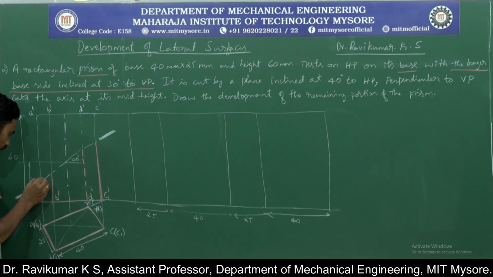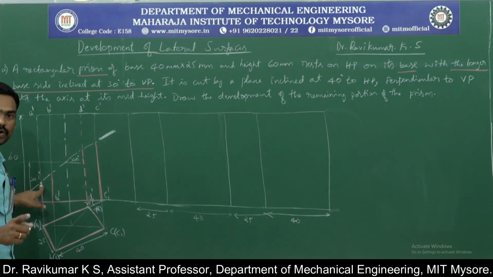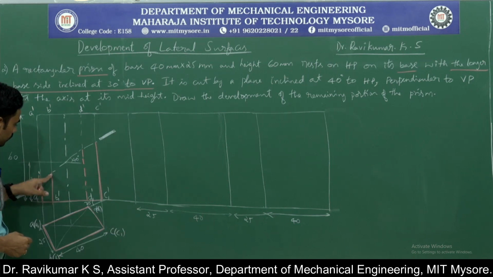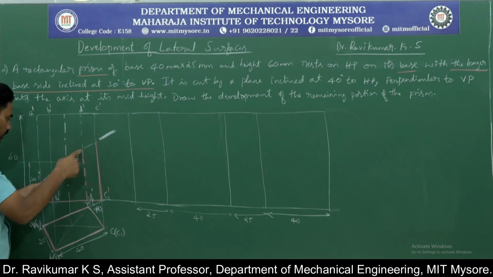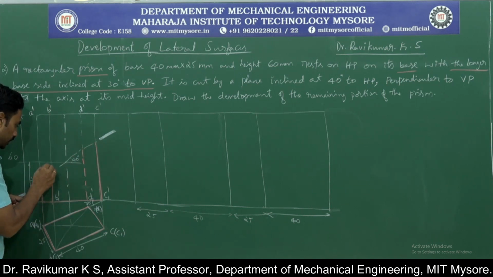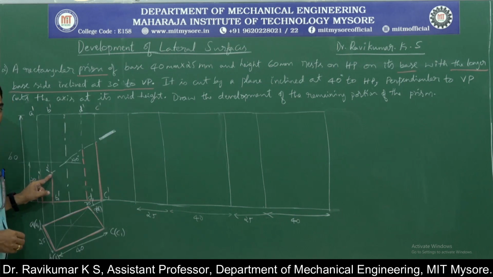So this point is called 1 dash. So 1 dash is the point where the section plane cuts that lateral edge A-A1. Similarly, the edge B-B1 is cut by the section plane at this particular point. This I will call 2 dash.